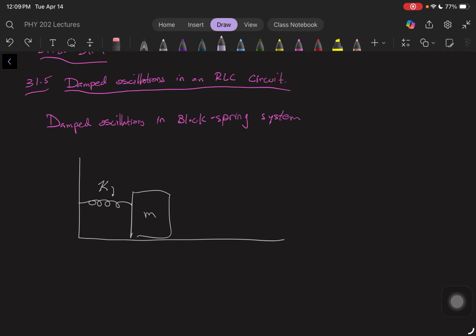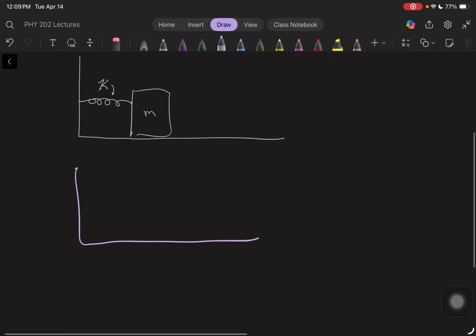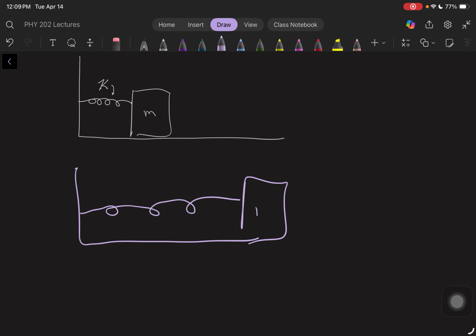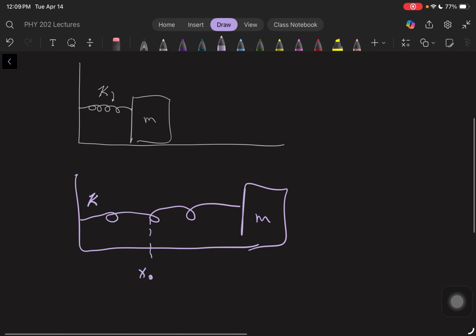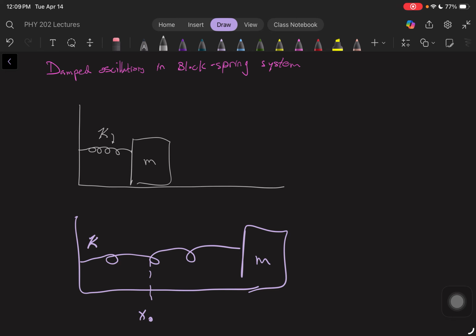So if we take our spring and we extend it really far out, so maybe this was X naught. We still have K. I guess the light pink will be submerged, and we'll keep the white writing for non-submerged.